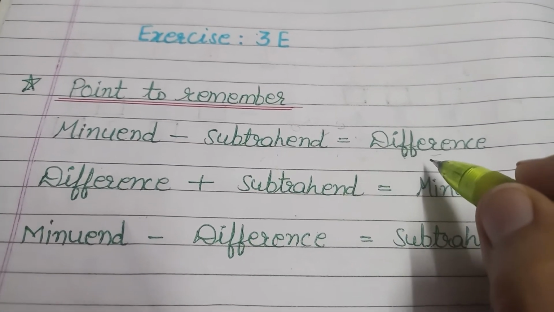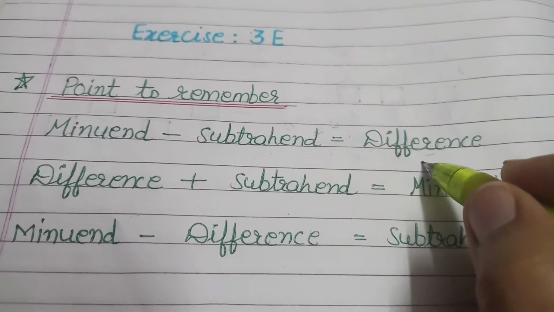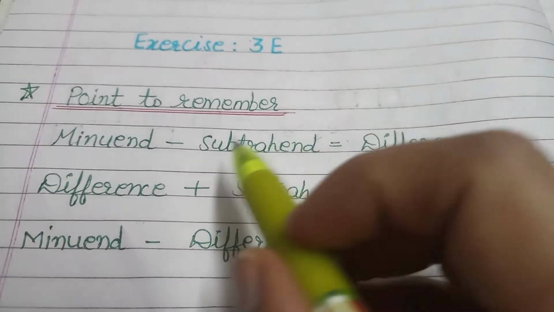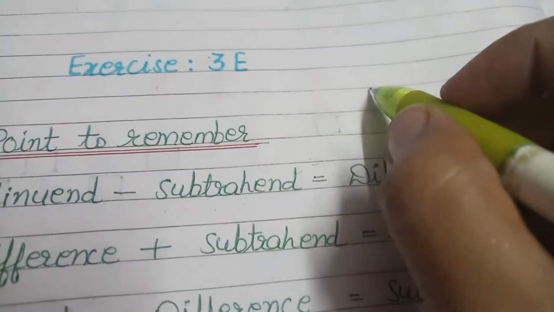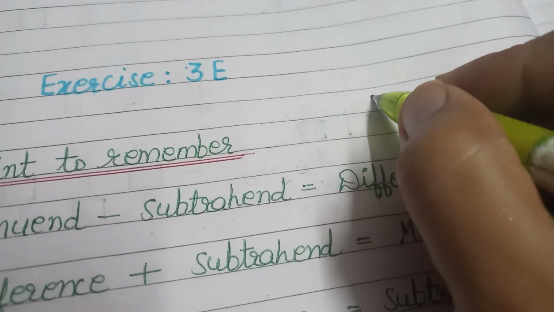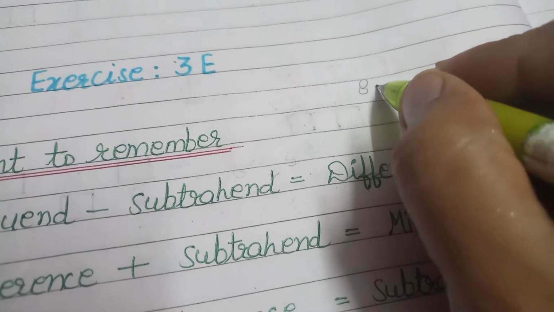As you all know, when we have to find a difference, it is minuend minus subtrahend. The number which is on the top is called the minuend.